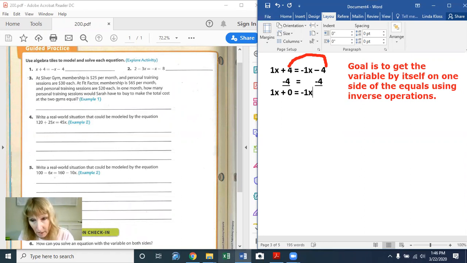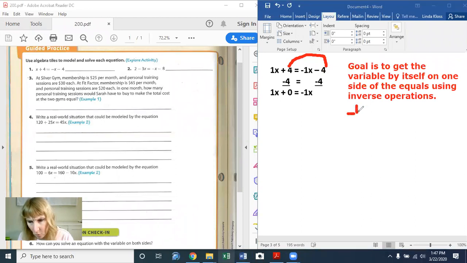Haven't done anything with that yet. Now what's the next part? So if I go over to this right here, I have a negative 4 minus 4. What is that? Well, let's write it over here.